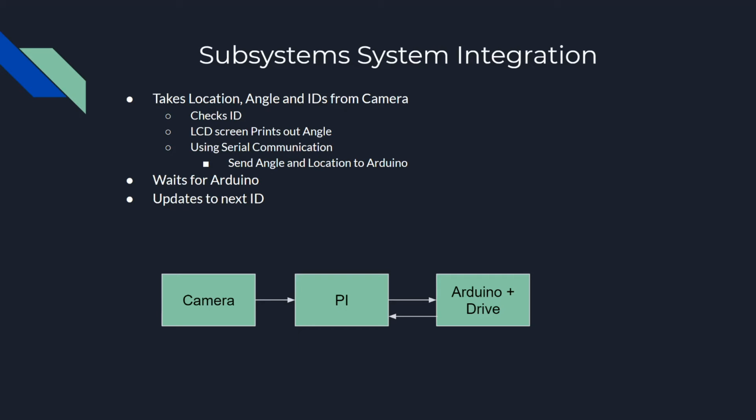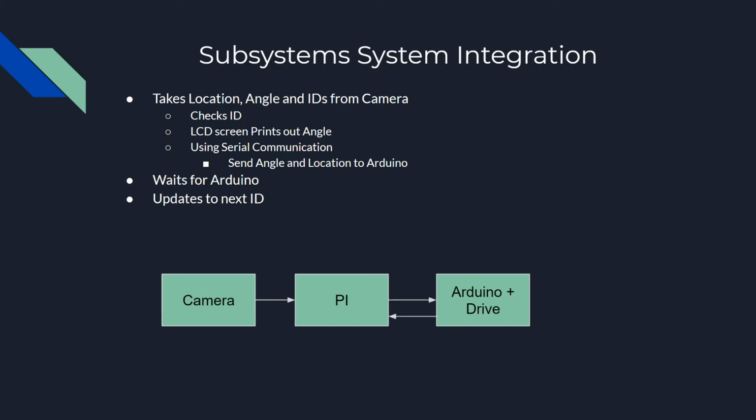On the Arduino end, it waits a second for it to calibrate. The Pi then waits for another camera angle and position because it needs to get the right updated one. Mainly what happens is the bot stops and then it needs to wait for the right angle and position.